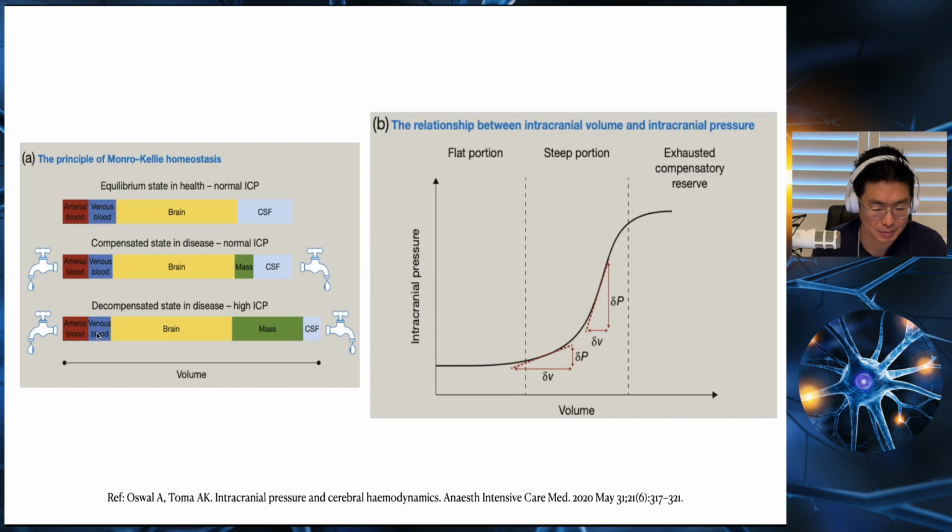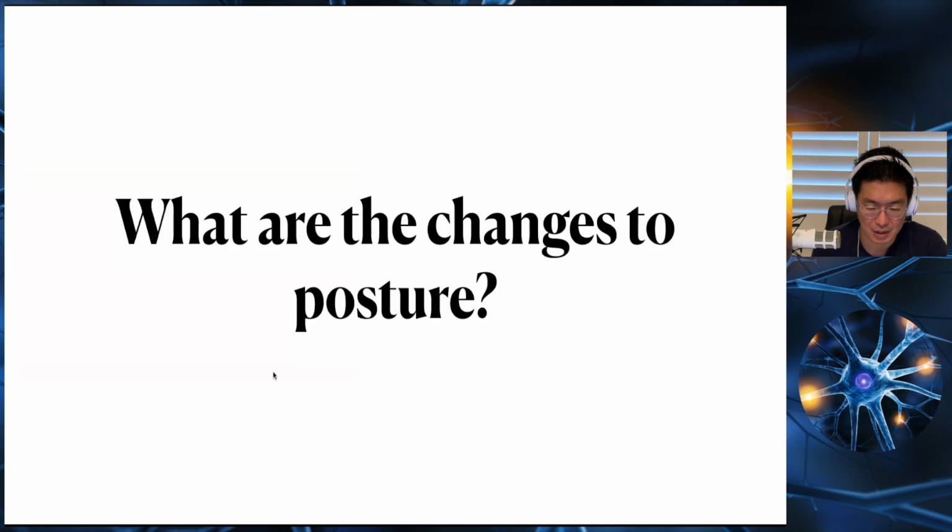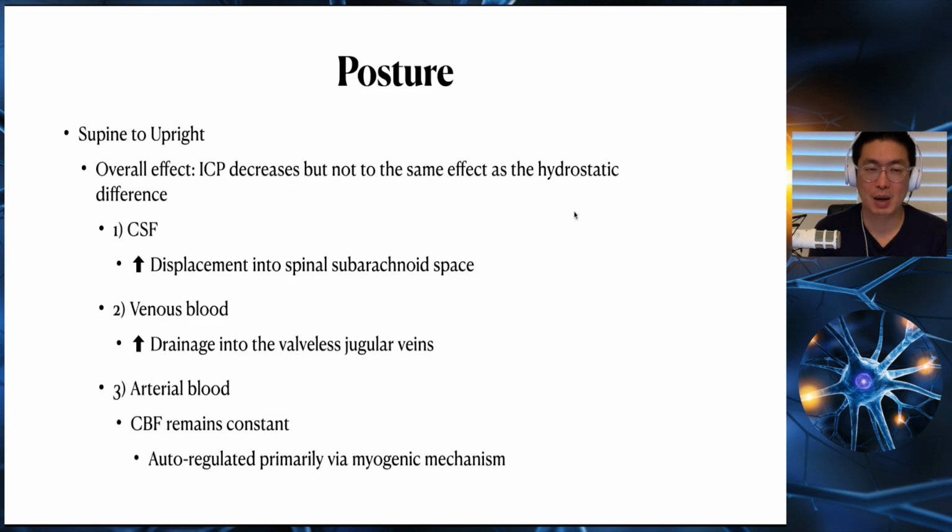Now, we're going to finally go through what are the changes in posture. And look, with supine to upright, the overall effect is that ICP decreases, but not to the same effect as the hydrostatic difference. And the reason that ICP initially decreases is that, yes, you do get that displacement into the spinal subarachnoid space. There's increased drainage into the valveless jugular veins. And arterial blood, your cerebral blood flow should remain pretty constant, okay?